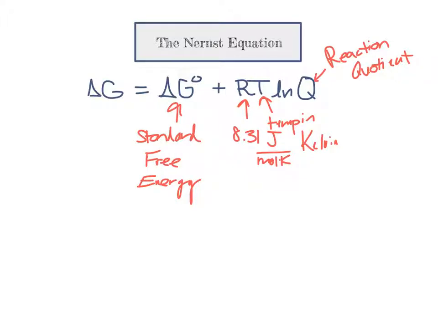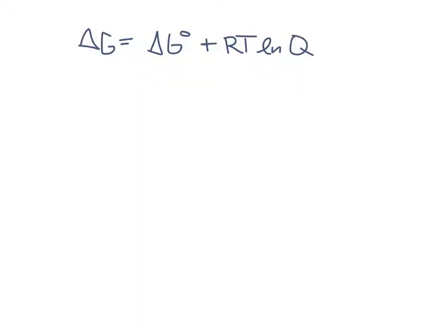Now let's use what we learned in the last video to make this equation useful for electrochemistry. When we were learning about how thermodynamics works in electrochemistry, we discovered that the delta G, the available work in a system, is equal to negative moles of electrons times Faraday's constant times the electrochemical cell voltage.